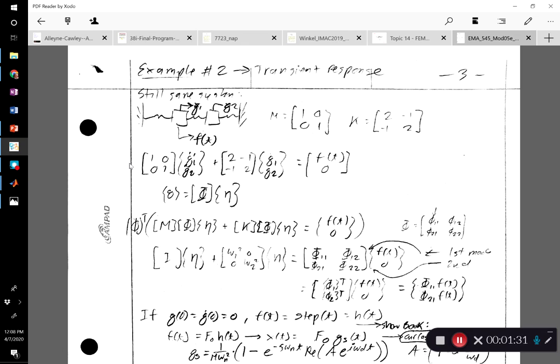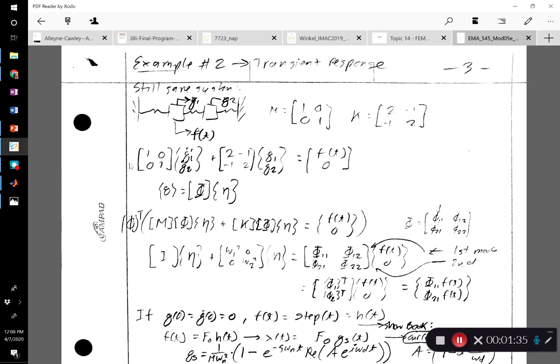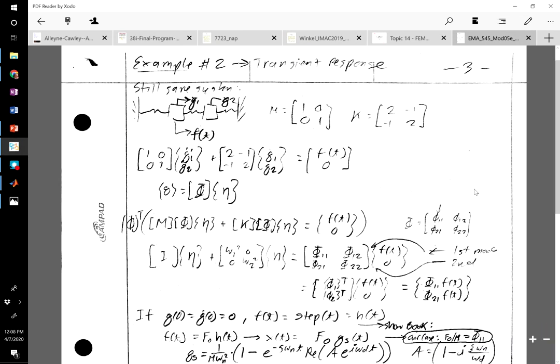We'll use our favorite 2 degree of freedom example again, just to keep things nice and simple. This is a 2-mass system with 3 springs. We have unit masses, unit springs, so we have these mass and stiffness matrices that we've seen before.